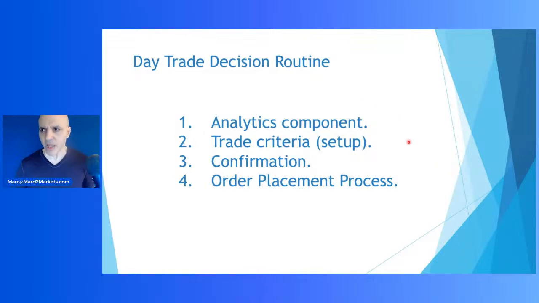So I have a decision routine, and you need a routine. Whenever you're looking for trades or trade ideas, or maybe you're onto potential opportunity development, the way you judge these ideas has to be exactly the same every single time. You can't sit there and be like, well, I think this, or oh, this guy said that, or oh, these guys are going long.